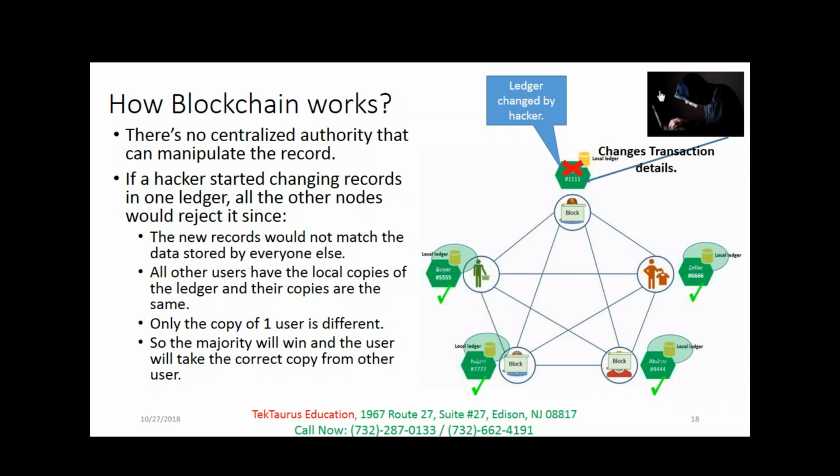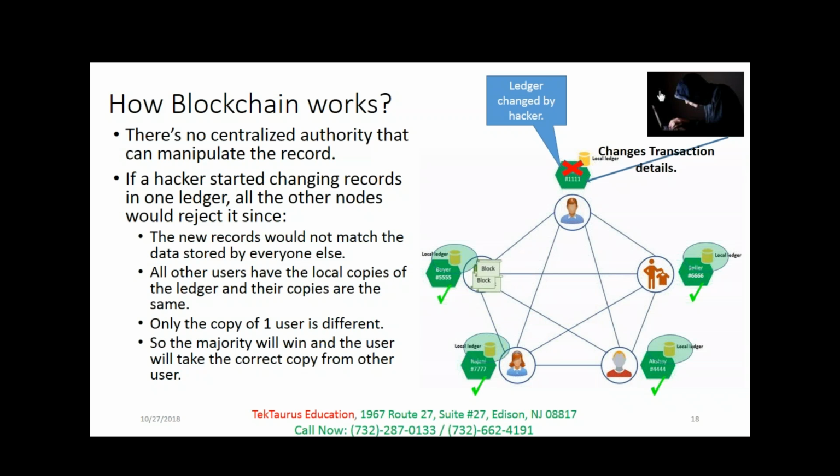The way the blockchain software is written, to hack every database and change the data everywhere, they have to hack at least 51% of the computers. Like, if there are 100 computers in the network, the hacker needs to hack 51 computers, because only the majority will be there after 51 computers, or 51% of computers, are hacked.